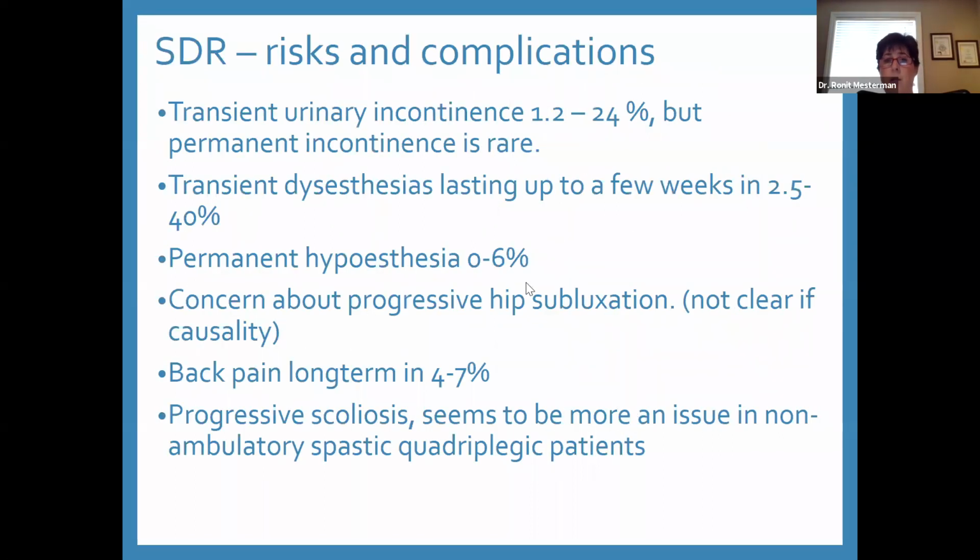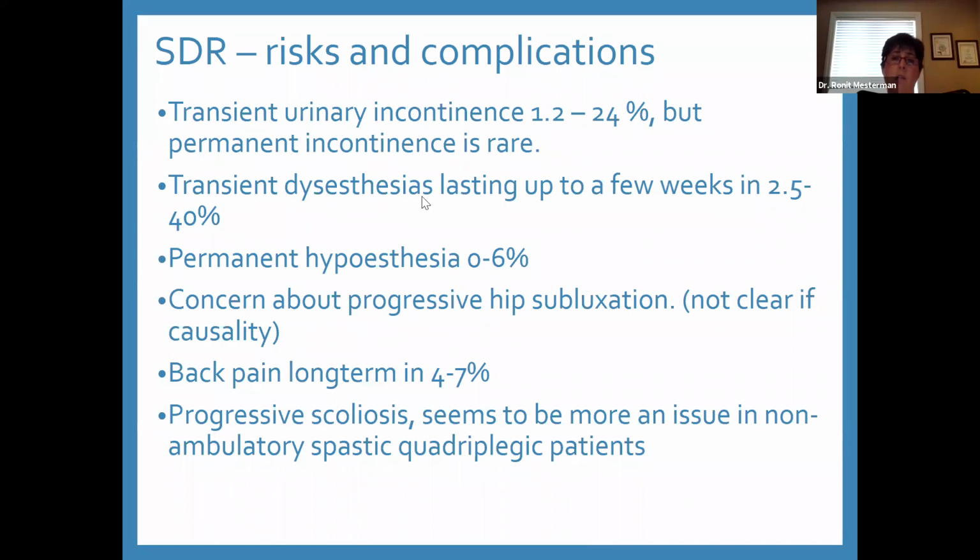There are risks. It is an irreversible treatment. The main worry is the transient urinary incontinence, but in most times it is really transient. But again, leaving a functional person with a permanent incontinence is a problem.